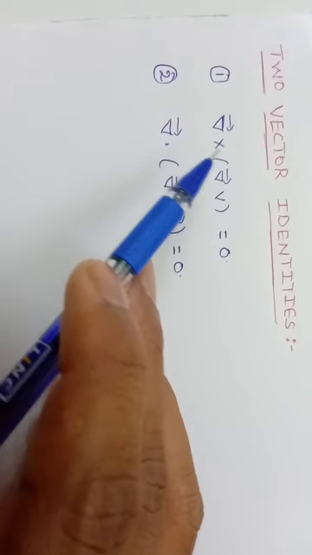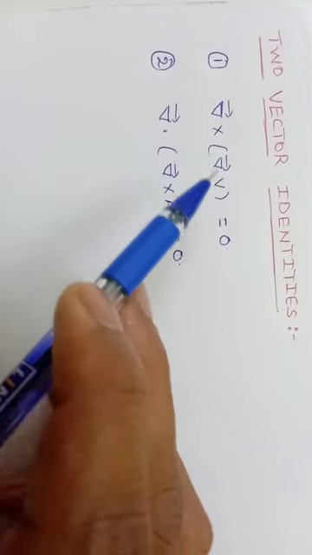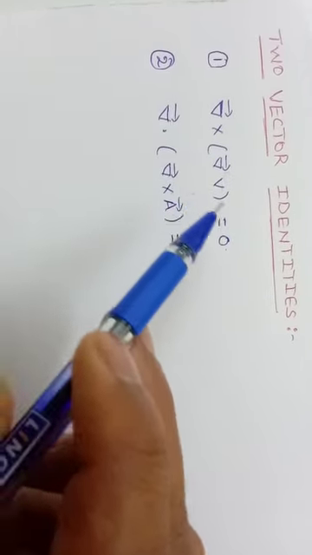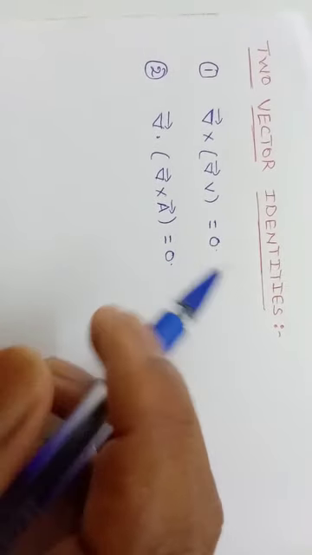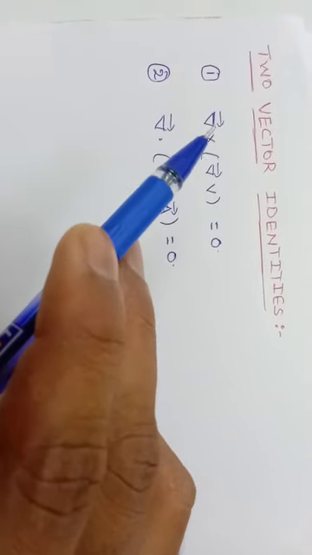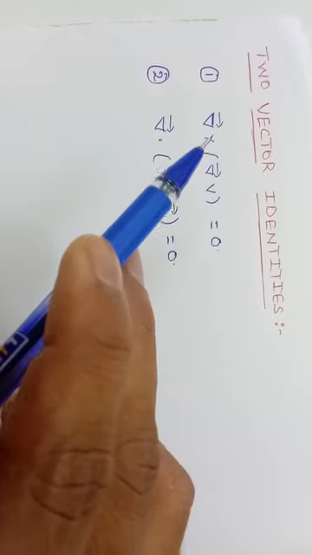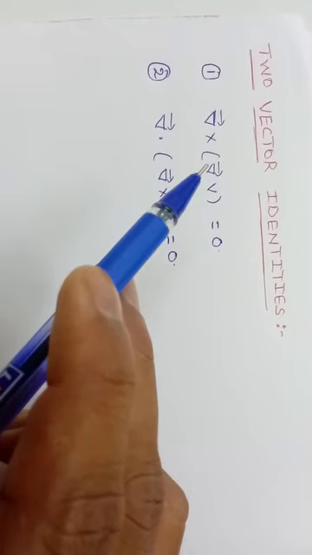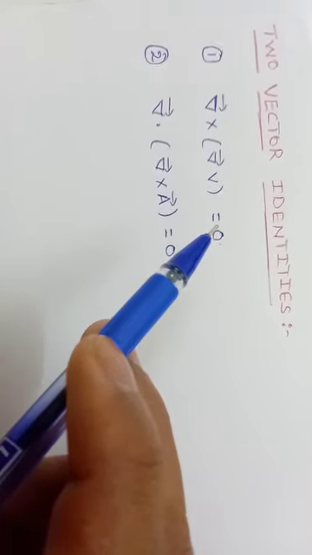The curl of the gradient of any scalar must be equal to 0. You can take any scalar quantity, apply the gradient, and after applying the gradient, apply a curl to the result, then it must be equal to 0.